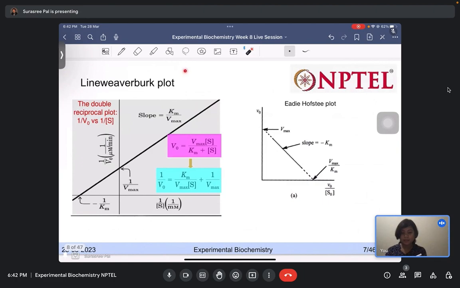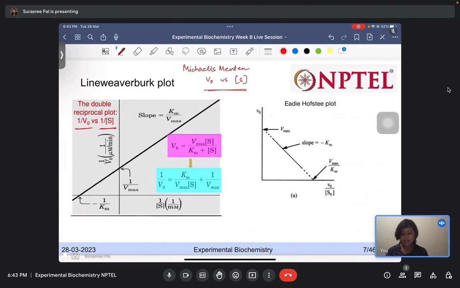In Michaelis Menten, the curve was V0 versus S. Now in Lineweaver-Burk, he had done reciprocal on both the axes. That is, he had plotted 1 by V0 with respect to 1 by S. So that is why it's a double reciprocal on both axes.